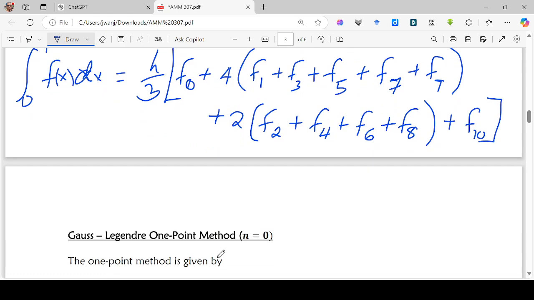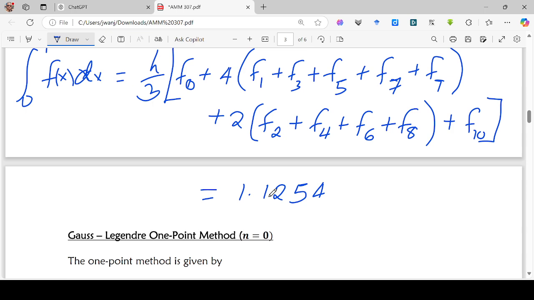When we work out all this, we should get a value of 1.1254. Simpson's rule is usually more accurate than the trapezoidal rule, so we can expect that this value is more accurate than the previous value.